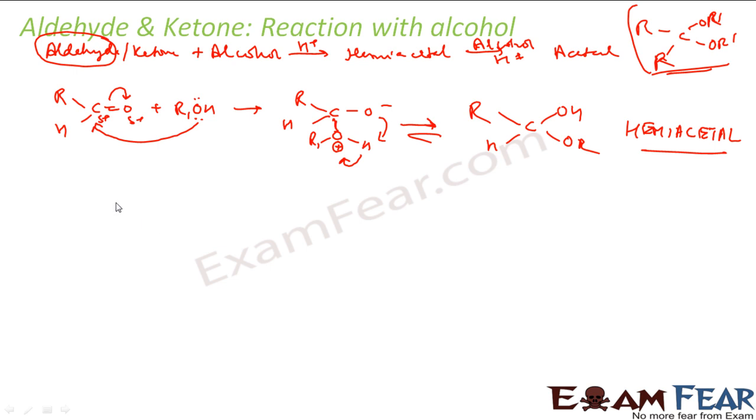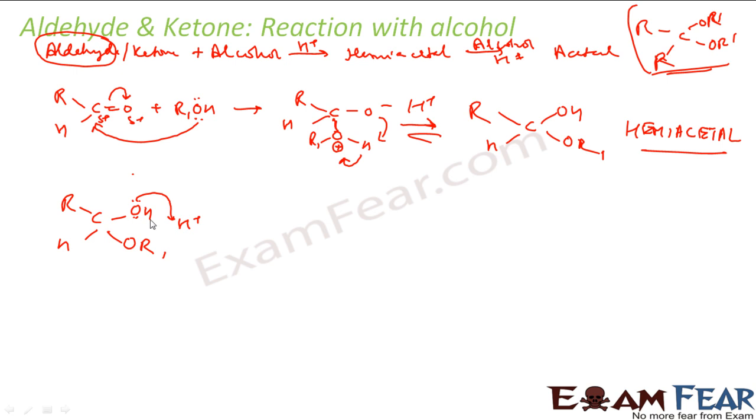So now you add more and more alcohol. With this, I'll show you, you'll form acetal. It's R1 actually. So let's see the mechanism here. First H plus comes. You have this acidic medium as I told, right? So this oxygen has a lone pair of electrons and will attract this H plus.